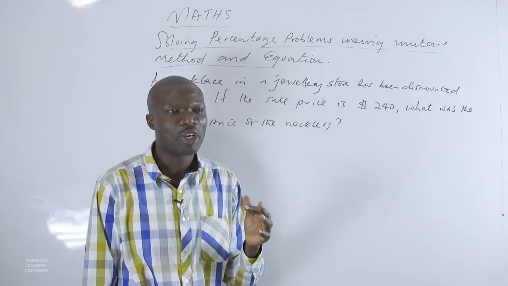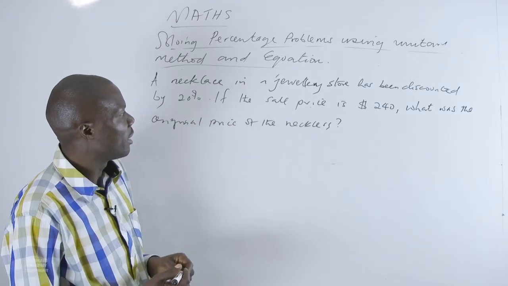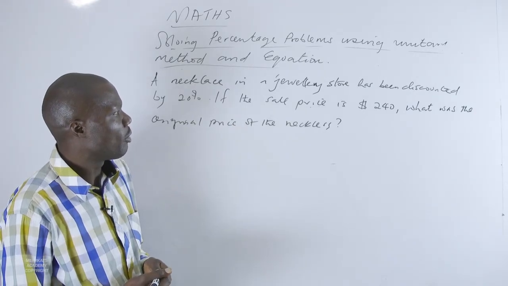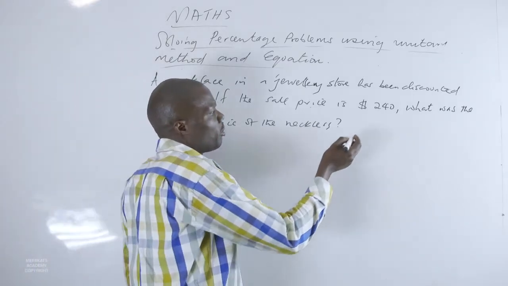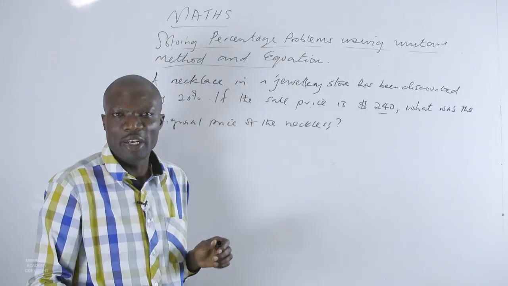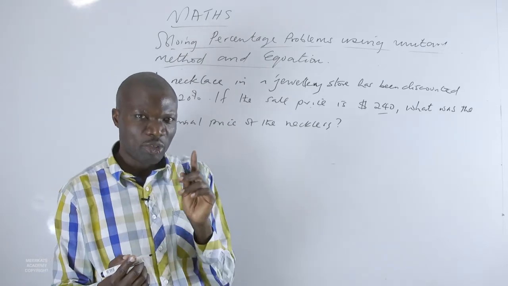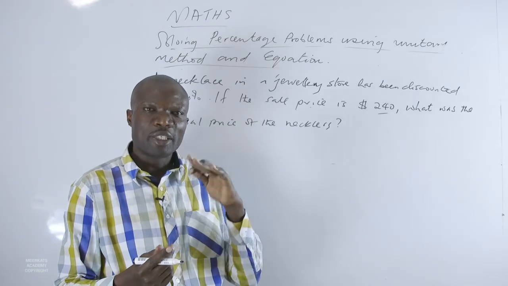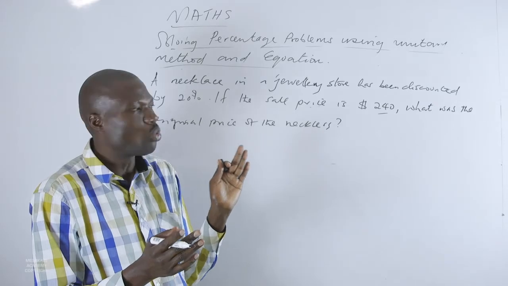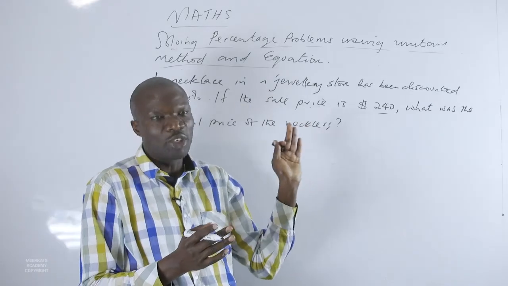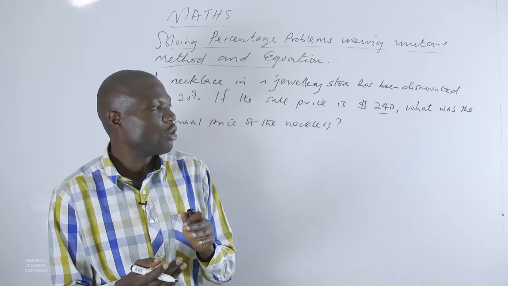So when you look at this necklace here, we can simply say that it is on sale at $240, which is worth a discounted price of 20%. What is the percentage value for 240?